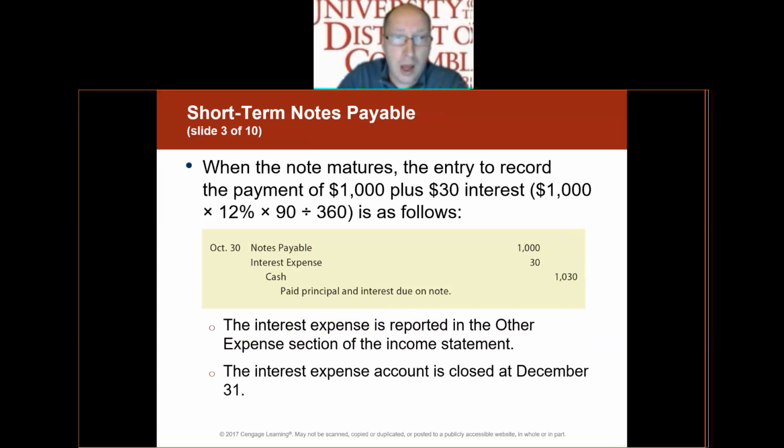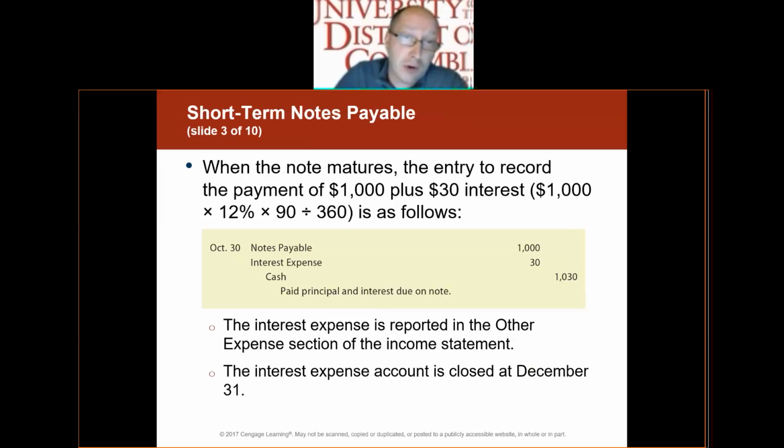So eventually, it's got to get paid, right? So let's say they made that loan for us, and we're the ones paying it. So when that note matures, meaning it comes due, right? When you hear the word mature, it means it's coming due.